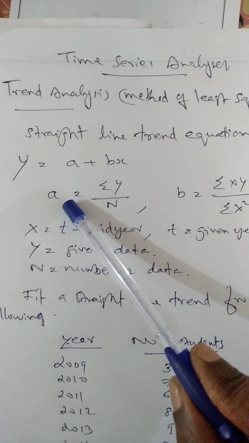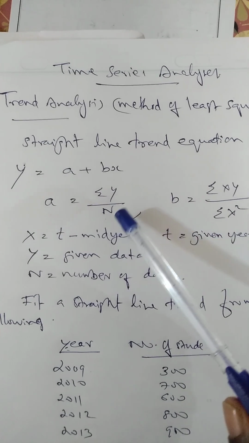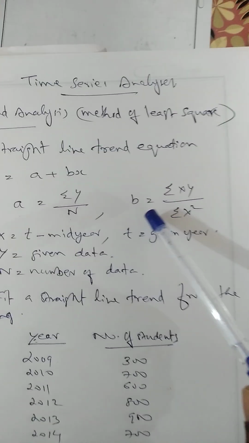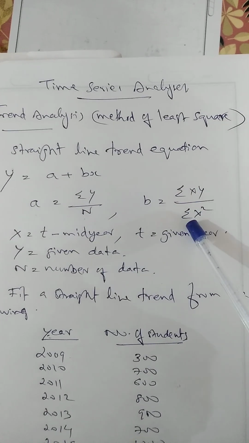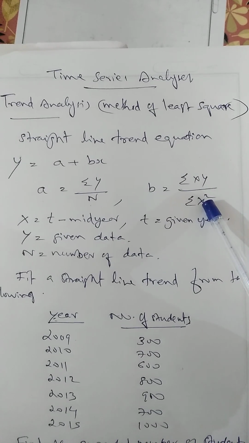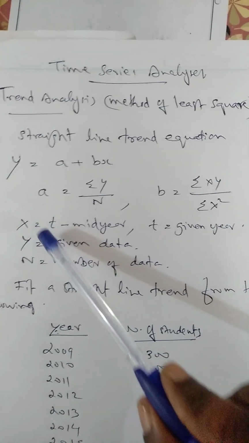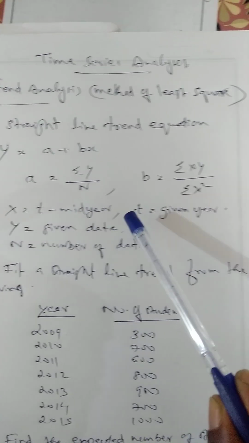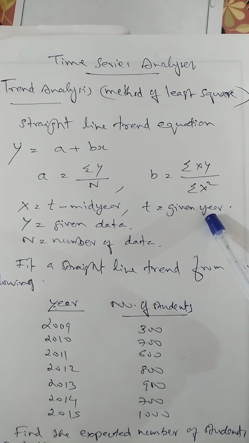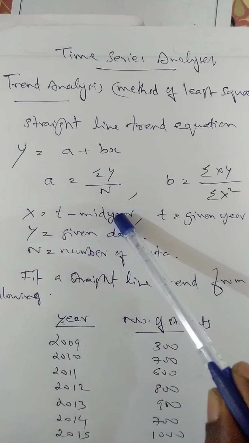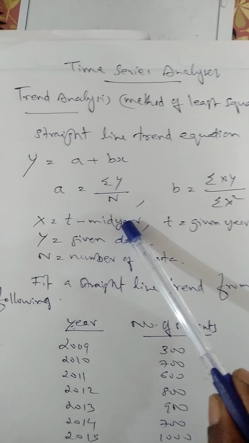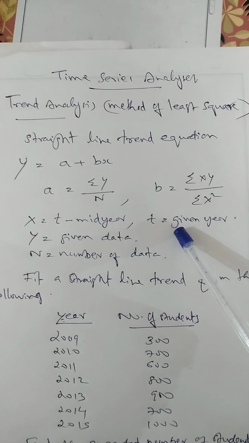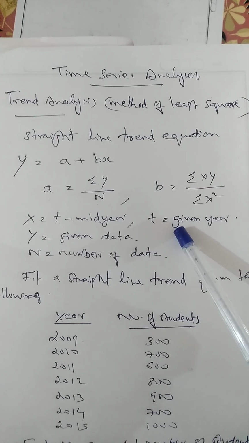To get a, the formula is sigma y divided by n, and for b, sigma xy divided by sigma x square. Here, x is equal to t minus mid-year. T means the given year, and we have to deduct the mid-year from the given years. I will make it more clear at the time of explaining a question.